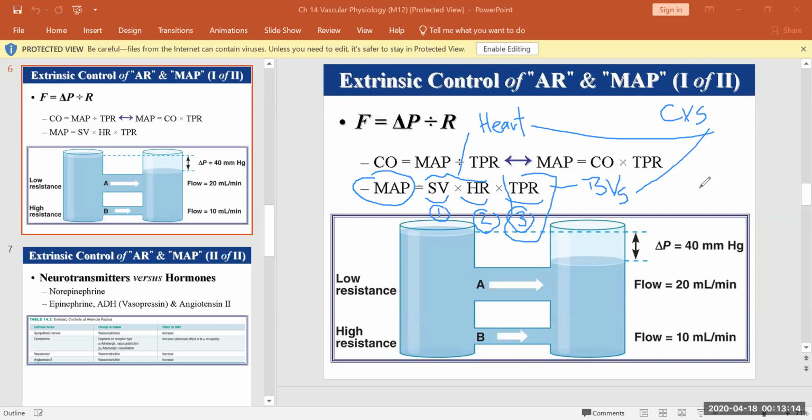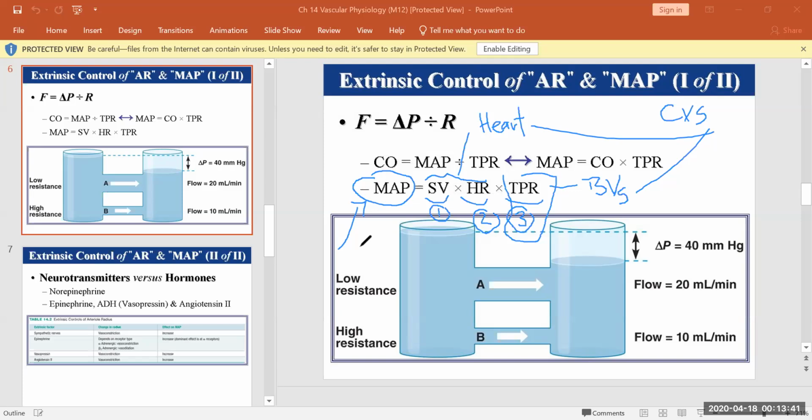So you need that blood perfusion, you need that blood flow. And the reason why blood flows in our blood vessels is because of one driving force, and that driving force is MAP. That driving force depends on three factors, two of which come from the heart, and the third one comes from the blood vessel.